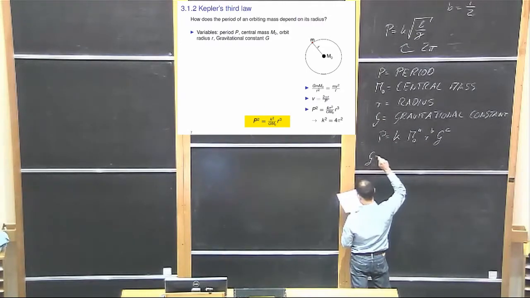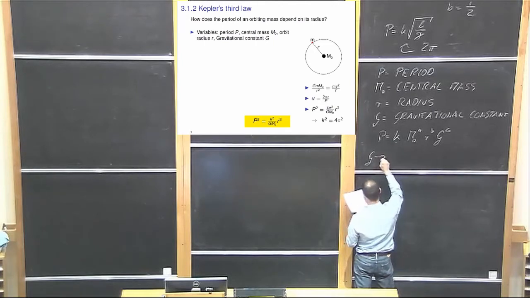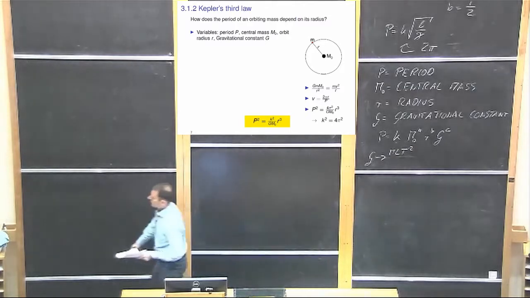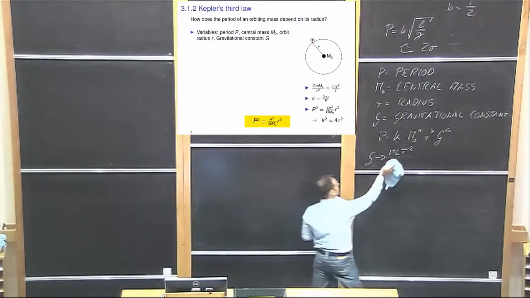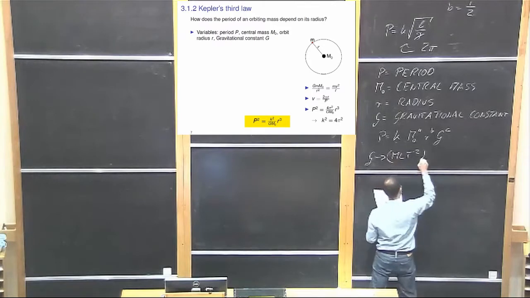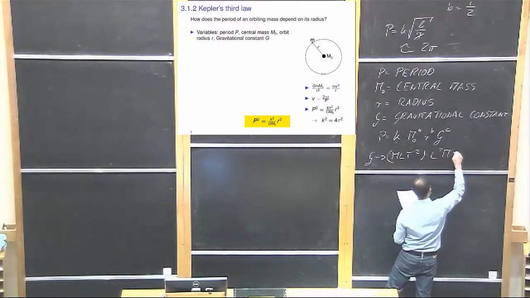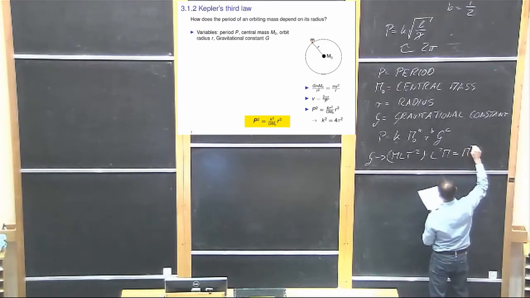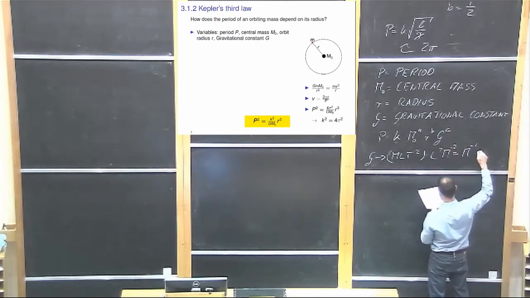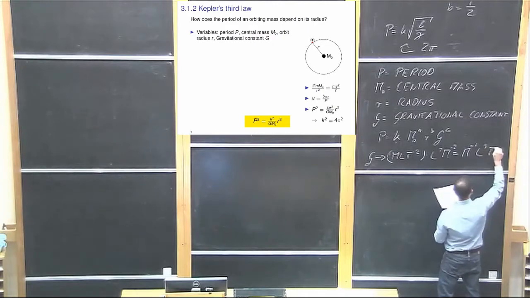The gravitational constant in terms of the dimensions has M L T minus 2 and L squared over M squared, and that's M minus 1 L3 T minus 2.